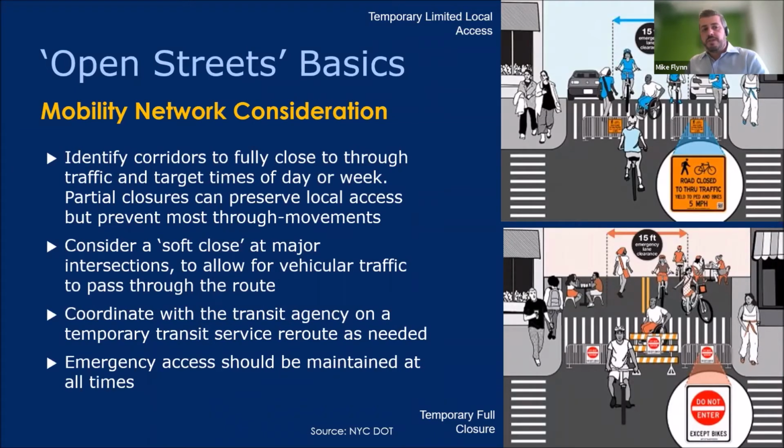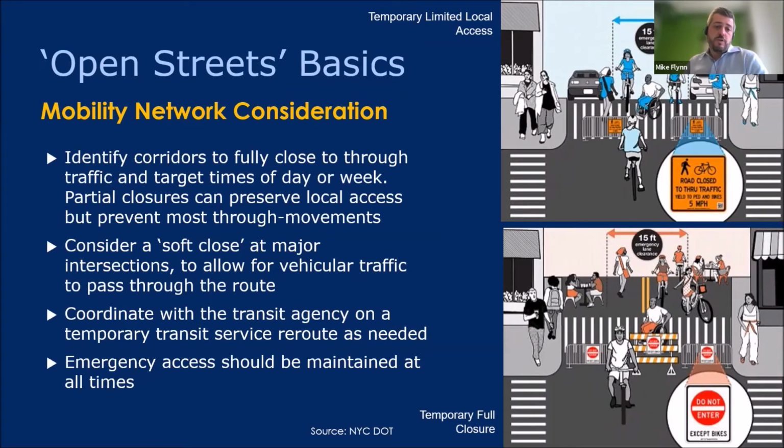A lot of cities and towns have done these partial closures as a way of striking a balance, and maybe it's an easier lift than fully pedestrianizing things, and it could be an interim step too. At major intersections, you can consider that soft closure idea, where local traffic's allowed, kind of what you see in the top picture here, where you leave a gap for local traffic, but through traffic's not allowed.